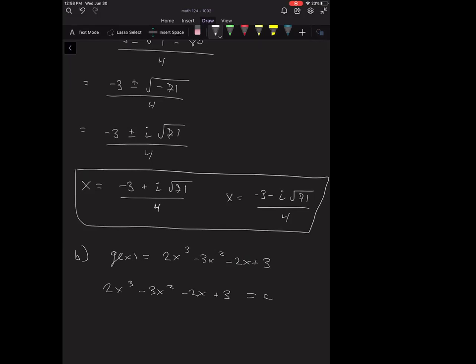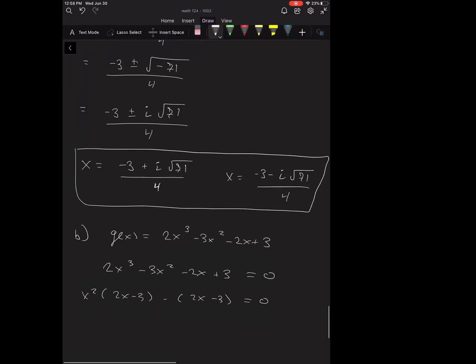So we want to factor this, and before we do what we did in the last problem with the synthetic division step, we want to see if group factoring is possible. Like, can we factor something out of these two pieces? In this situation, we see that we can. From the first two, we can factor out an x squared, and we're left with 2x minus 3. From the second two, we can factor out a minus sign, and we're left with 2x minus 3.